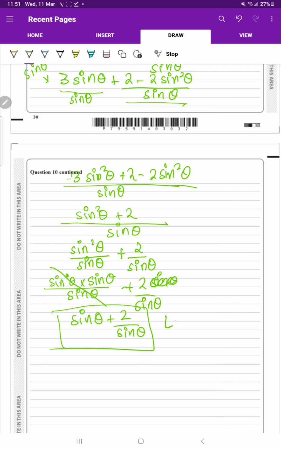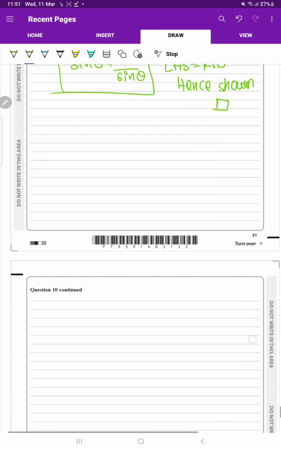And we have proved it. So LHS is equal to RHS, hence shown. Put a little box to show the end of the proof.